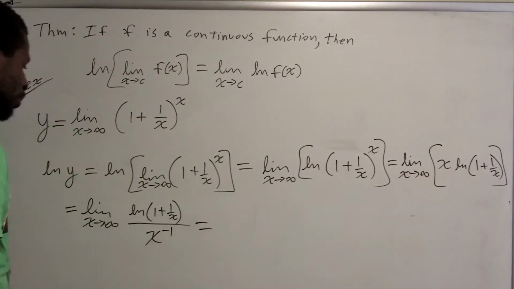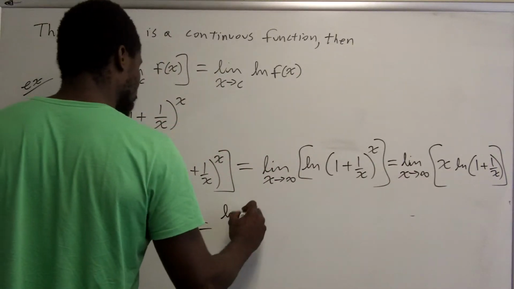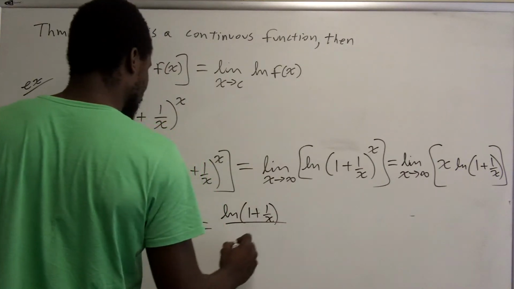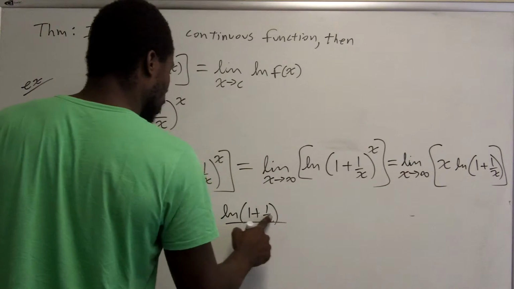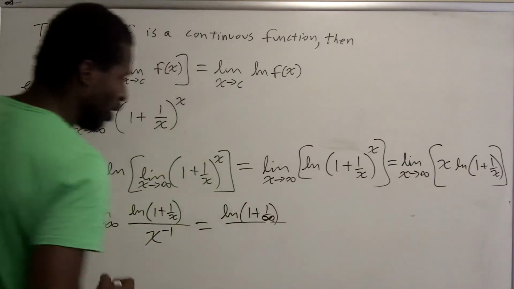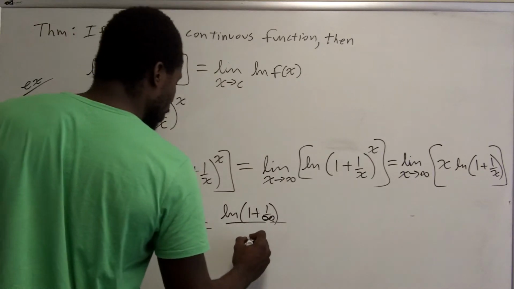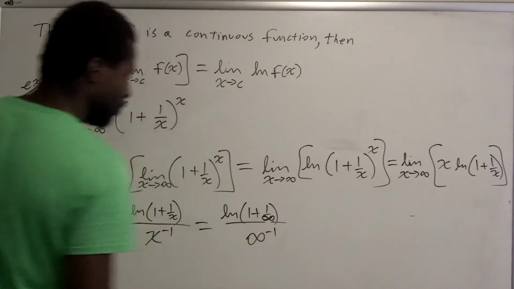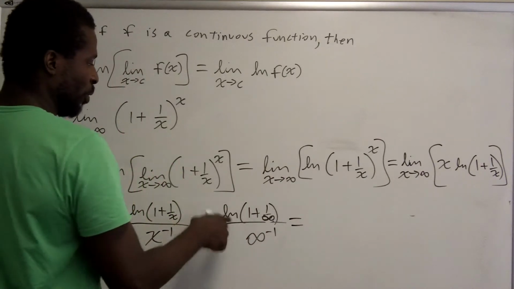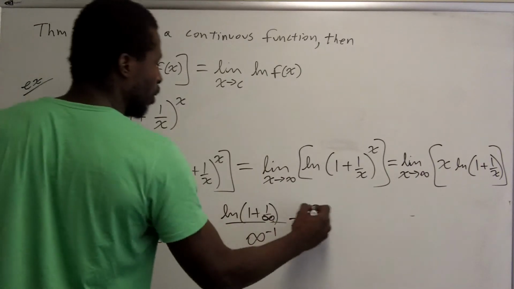Now, upon direct substitution, I get the natural log of 1 plus 1 over infinity, because I'm directly substituting in infinity, over infinity to the negative 1 power. Well, 1 over infinity is 0, so the natural log of 1 is 0.